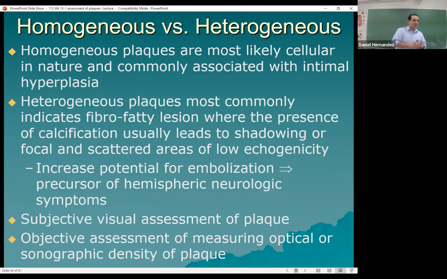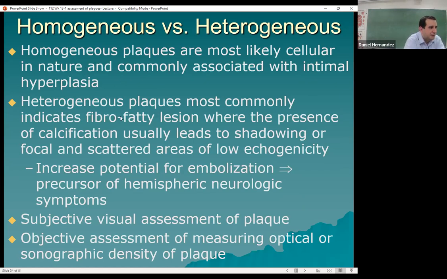Homogeneous versus heterogeneous. This is another important criteria when we're looking at the plaque, because it also determines the vulnerability of that plaque. Homogeneous plaques are most likely cellular in nature and commonly associated with intimal hyperplasia, or thickening of that intimal layer.